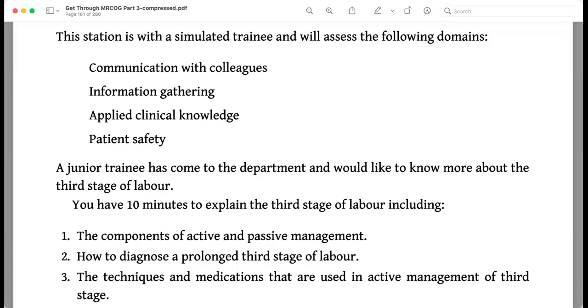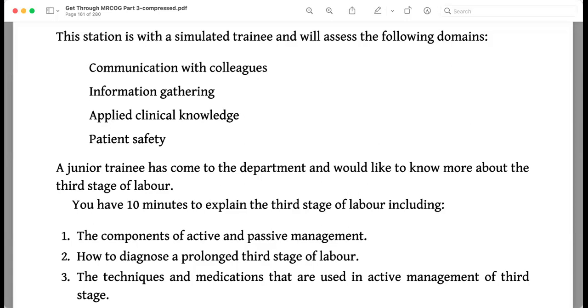Thank you. Rabaa, I understand that you are here to learn more about the third stage of labor. Is it? Yes, that's correct. May I know any particular reason? Yeah, I have attended different deliveries, and I have seen some of the midwives performing deliveries, and they speak about the gentle cord retraction.